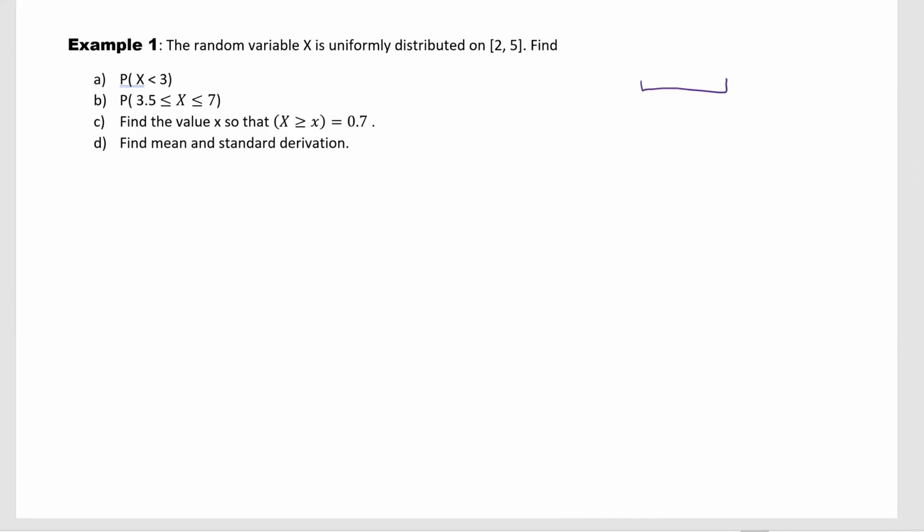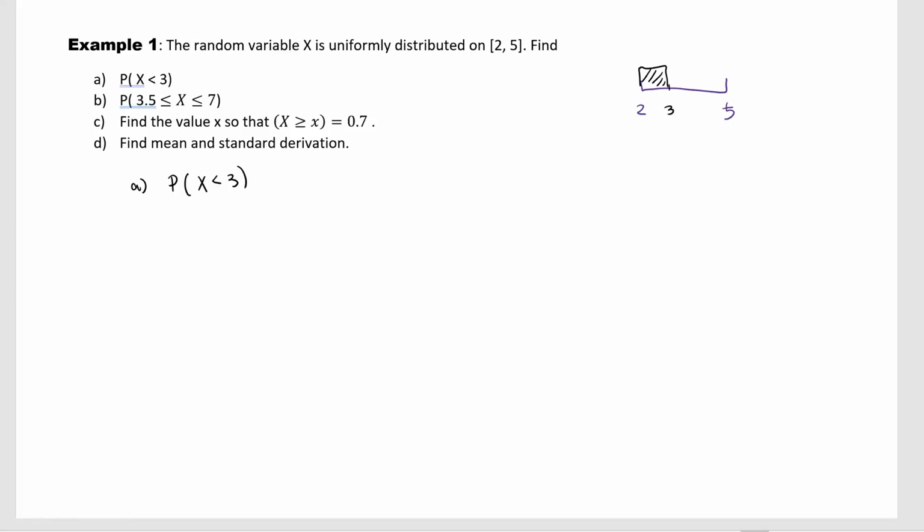So 2 to 5 right here, uniformly distributed. Okay, part A: P(x less than 3). Where is 3? 3 is right here, so less than 3 is this part.